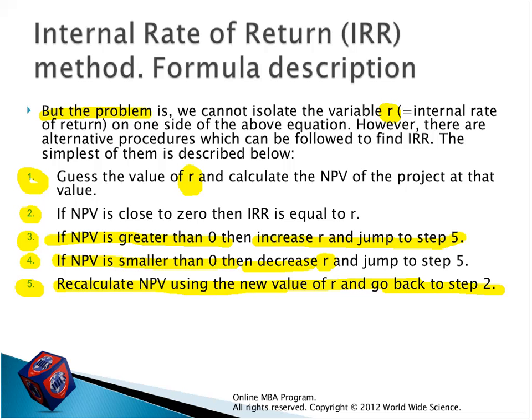So when we are trying to find our IRR manually based on our formula, we're actually making assumptions of rates, just guessing what the internal rate would be where the net present value will be equal to 0.